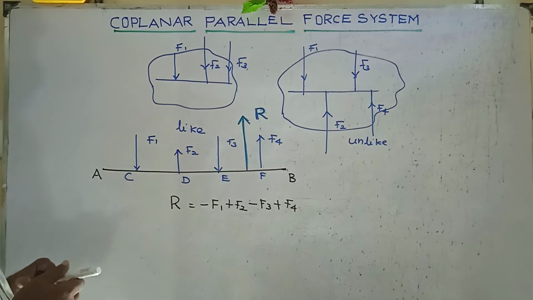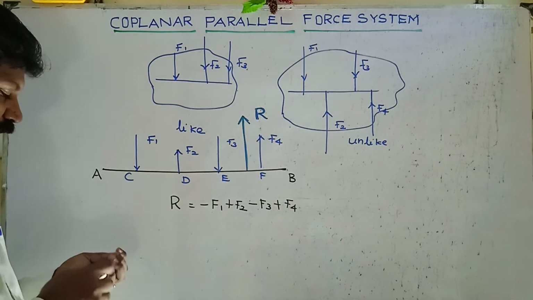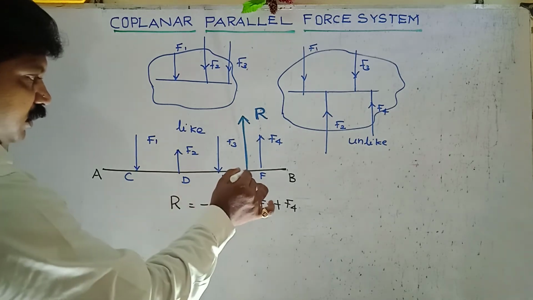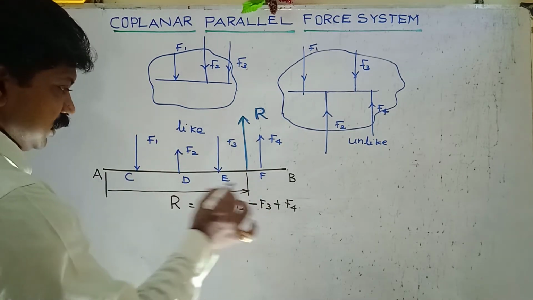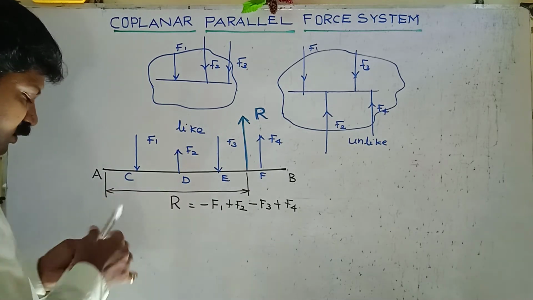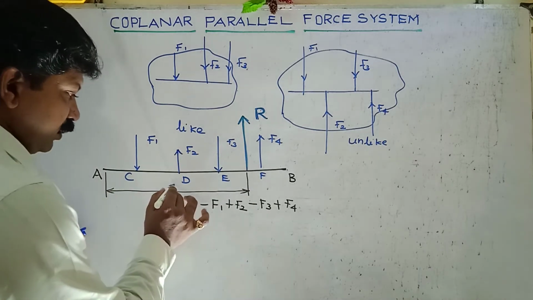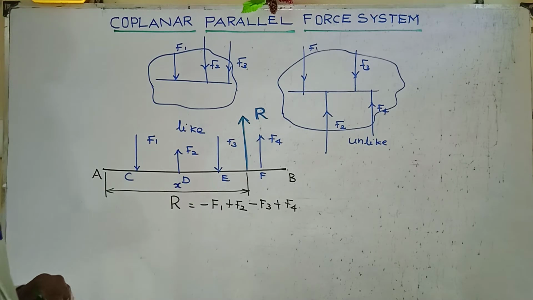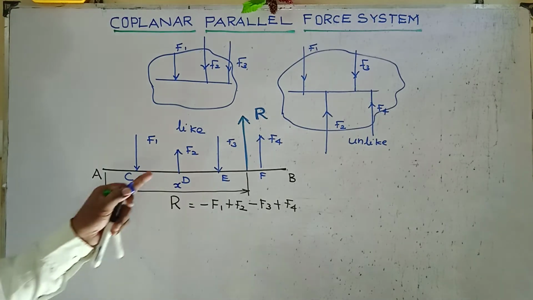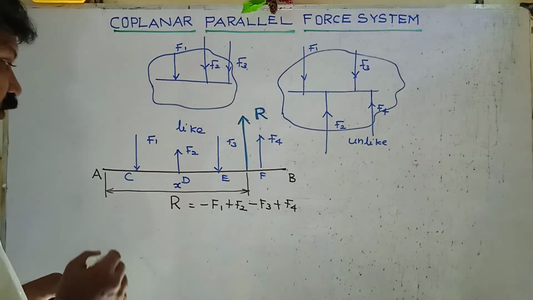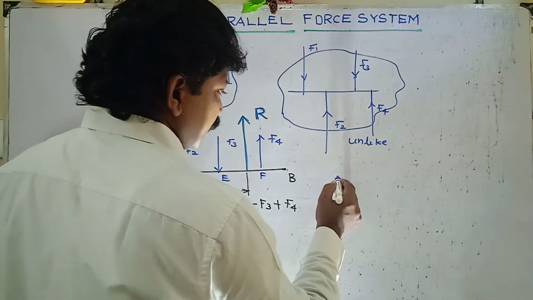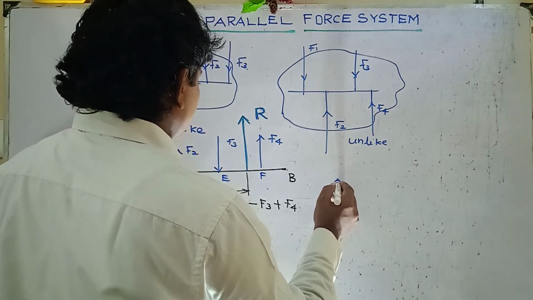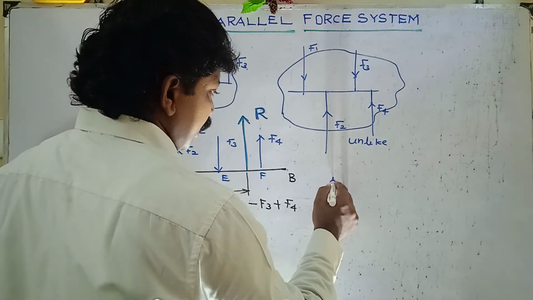Now the position of the resultant: how to find the x distance of the resultant? Moment of the resultant of all the forces about any one point. For example, take D. Moment of the resultant of all the forces about point D.